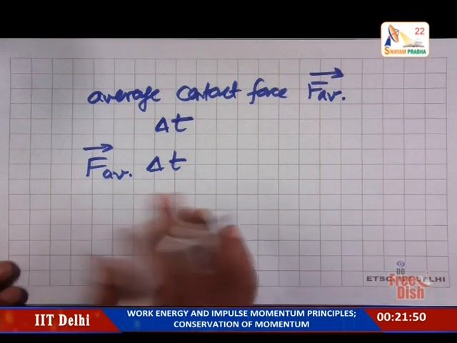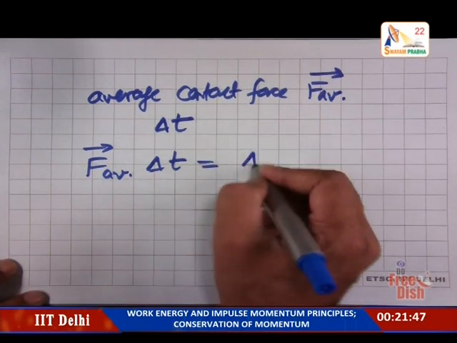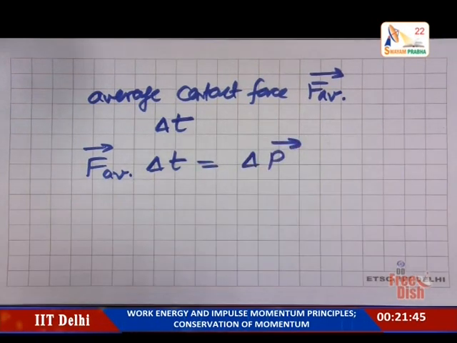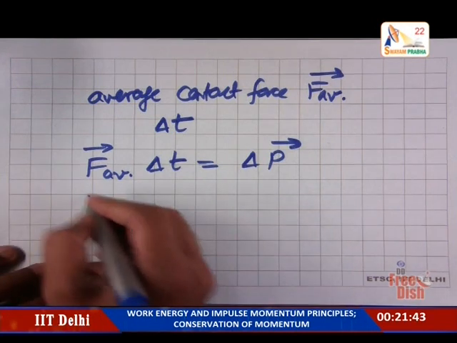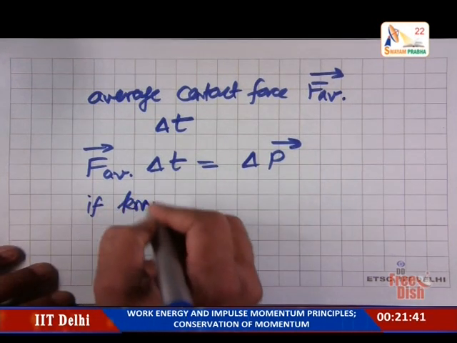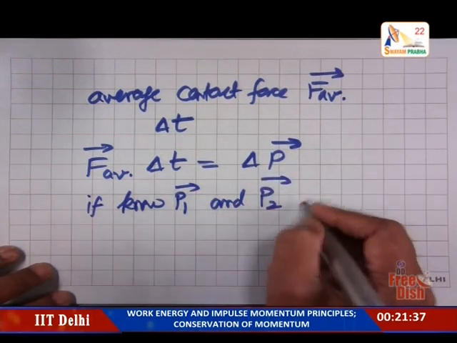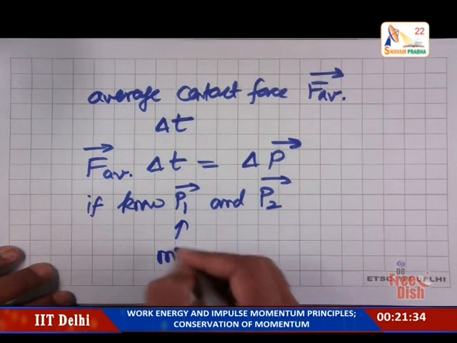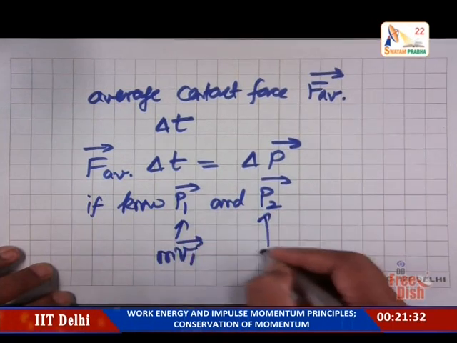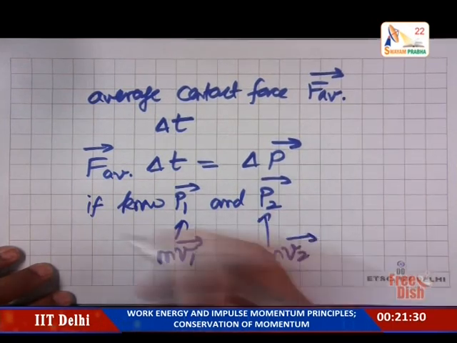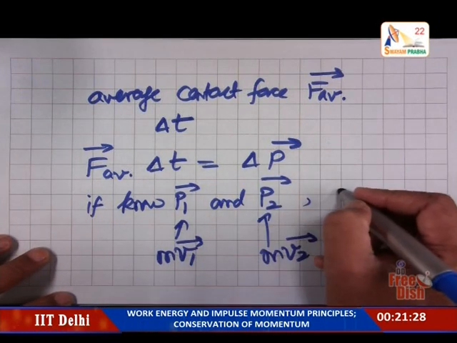So, we treat F as a constant, and this must be equal to the change in momentum. So, if we know P1, the initial momentum, and the final momentum P2, where P1 is mv1 and P2 is mv2, then we can find the average force.